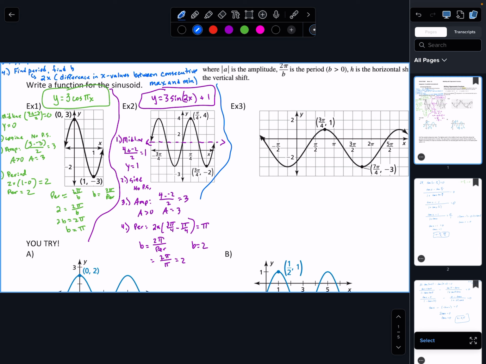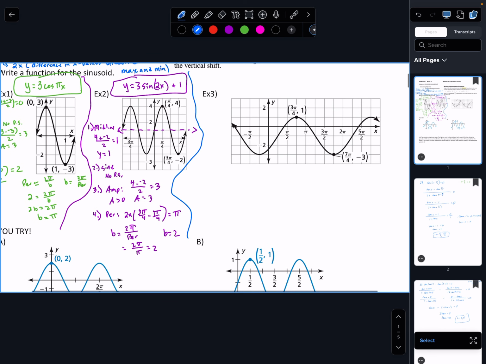All right, and then this last one. First of all, the midline is your max plus your min divided by 2, and it's at negative 1.